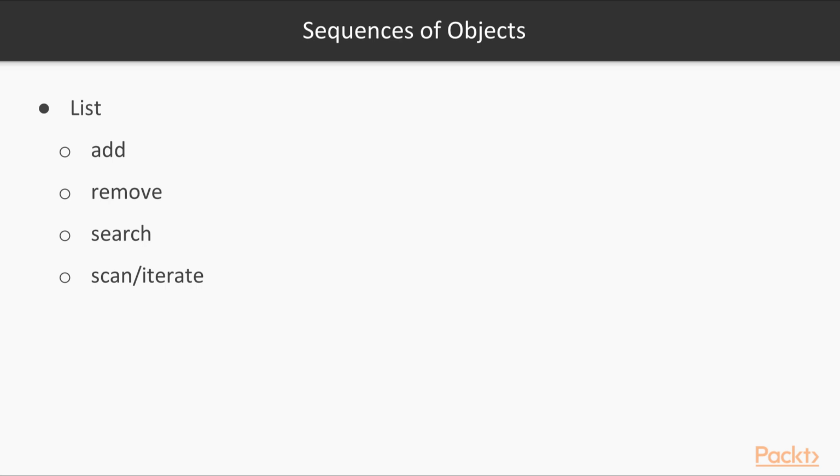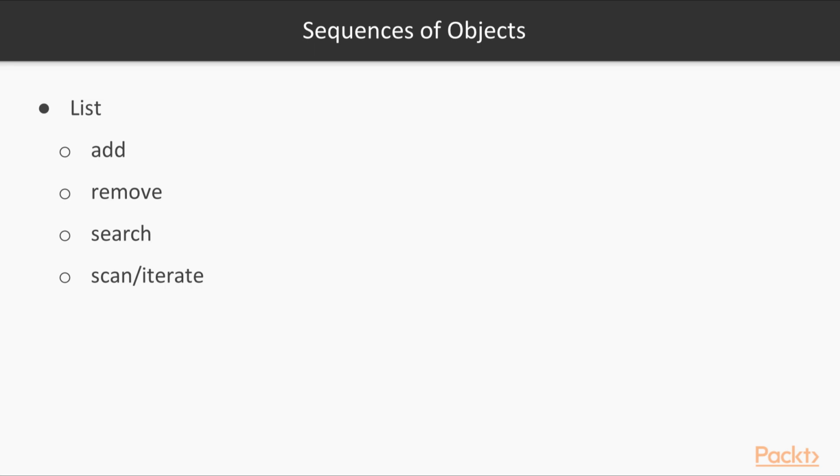Before we talk about internal iteration, let's recall the main features of other standard representations for sequences of objects. So first there's lists, then there's also iterators, and finally the new concept of streams. So what can you do on a list?